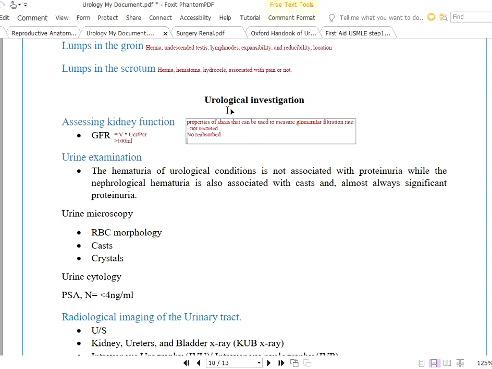An example of such a substance is inulin, but it is used for experiments.